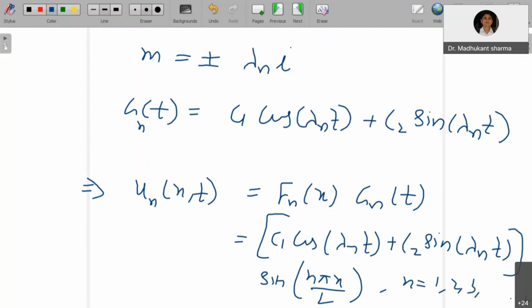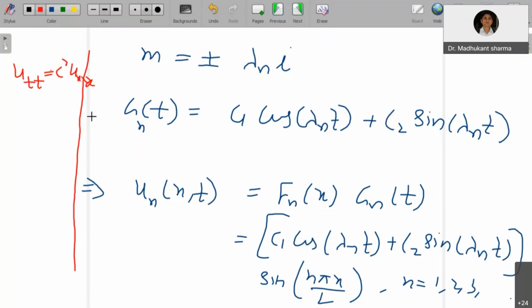Now what you are going to use is the superposition principle. If you have finitely many solutions, you can always put the sum, and that will also lead to a solution because it's a homogeneous case. This is the equation u_tt equals c squared u_xx, a second order homogeneous equation.